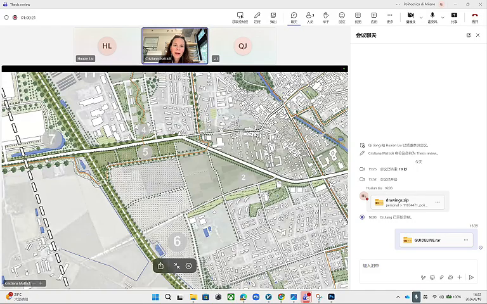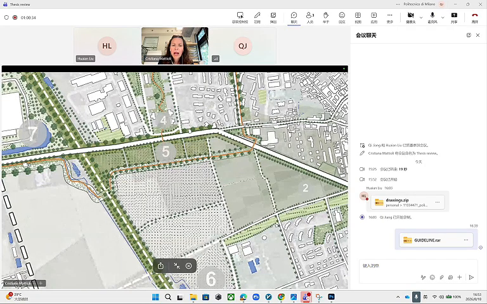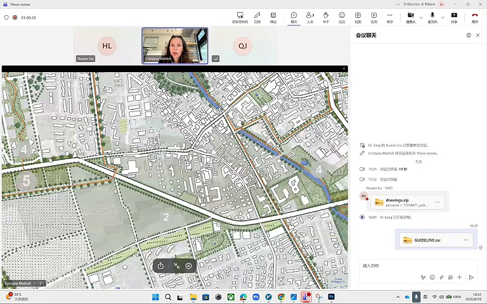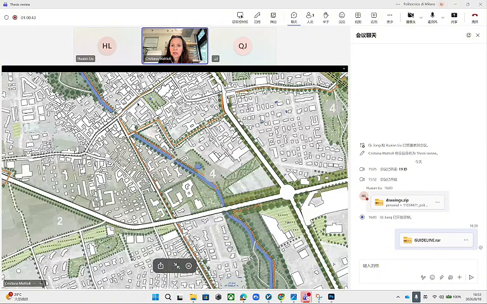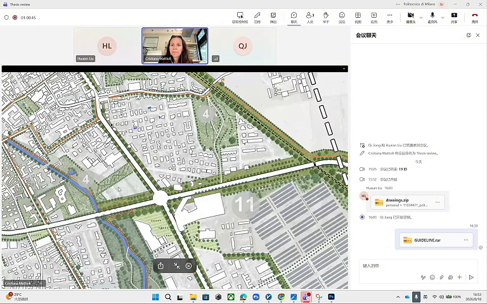Then here, why do you put the cycle path here and not along, and why don't you continue along the street? Because the point has the existing underpass. Yes, this one is an existing underpass. Okay. So then probably here you can stay along the street in the urban area.